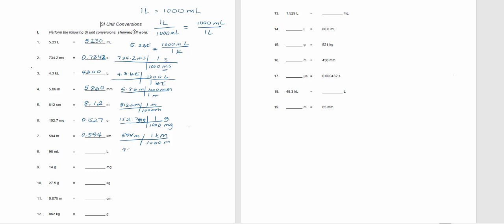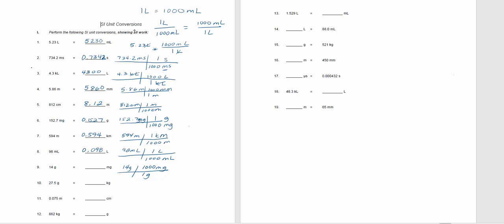Milliliters to liters. Now that's something that you will see often in my classroom. So you need to know that in 1 liter there are 1,000 milliliters. So divide 98 by 1,000, you get 0.098 liters here. Grams to milligrams, we have 14 grams. And in 1 gram, we have 1,000 milligrams.